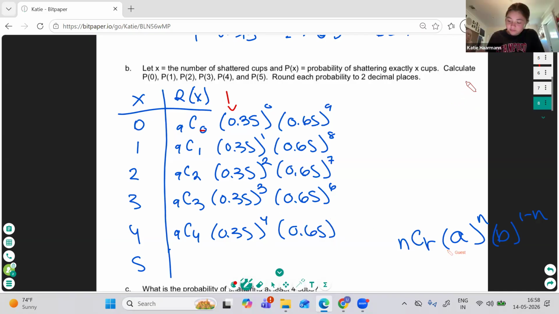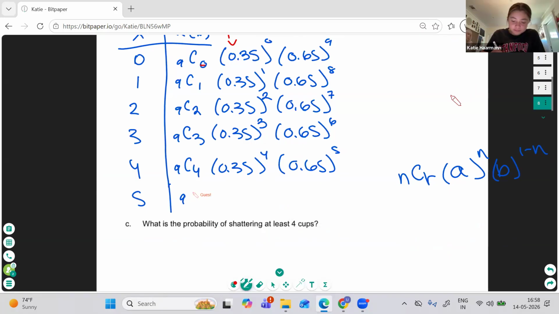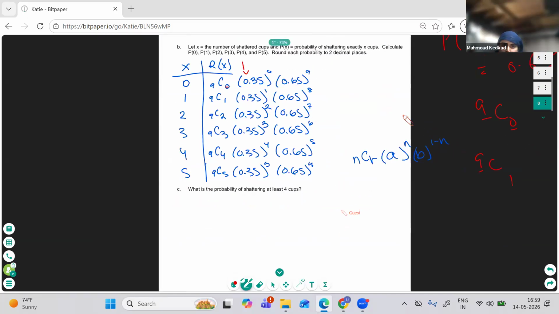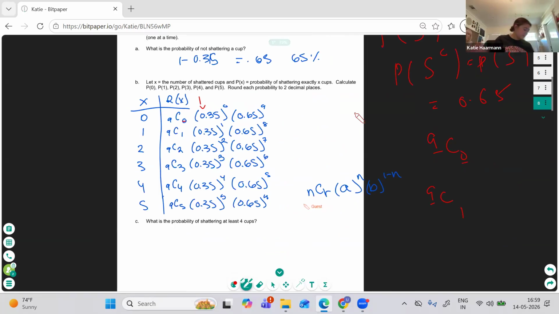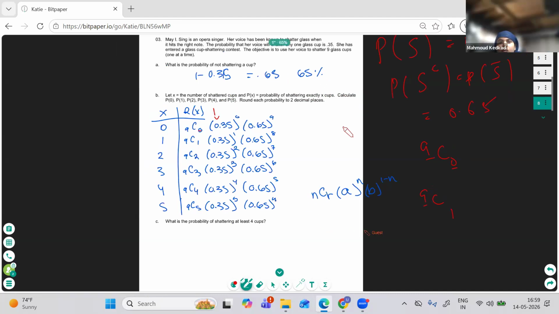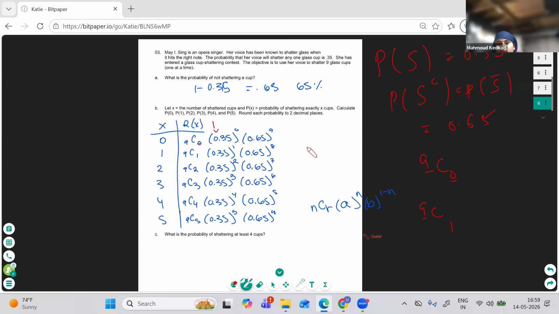Okay, if this question was randomly given to you, would you know what to find? I think now, yeah. So again, your X would keep on changing, and the question would be to find the probability of those different X's, not just one X. If it was just to find the probability of one, you would just use the combination formula for just one. But if it's a probability distribution table, then you find all of them.